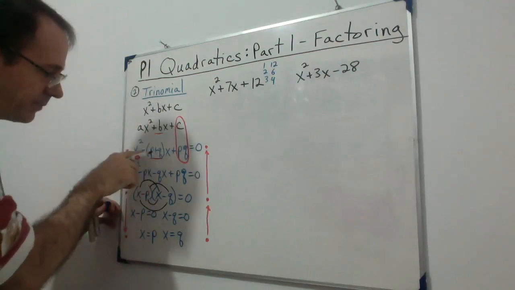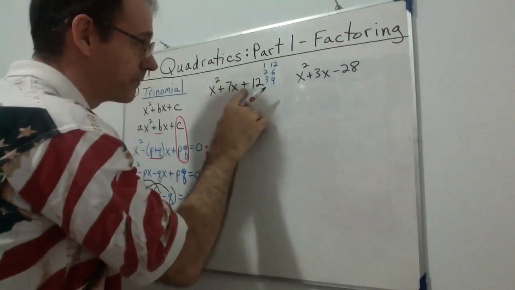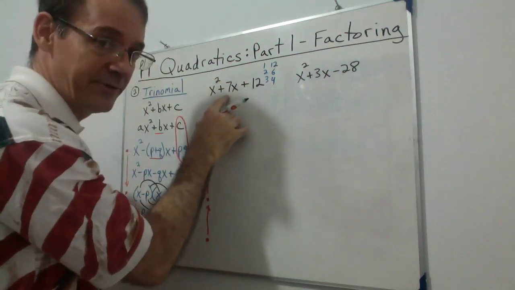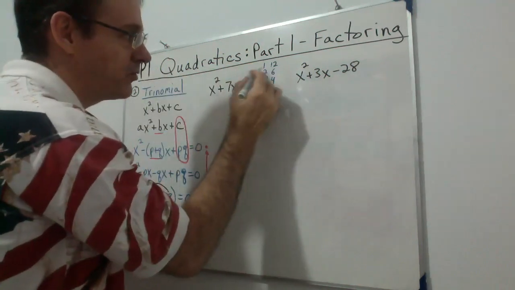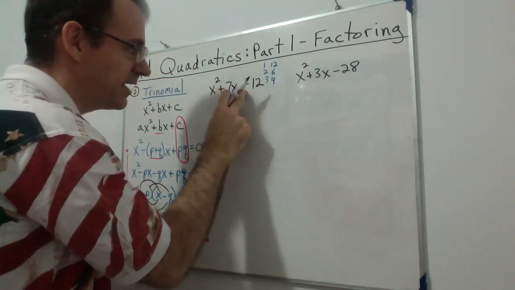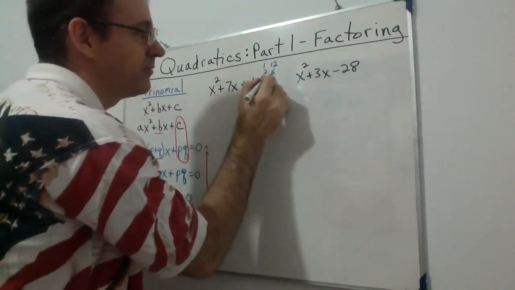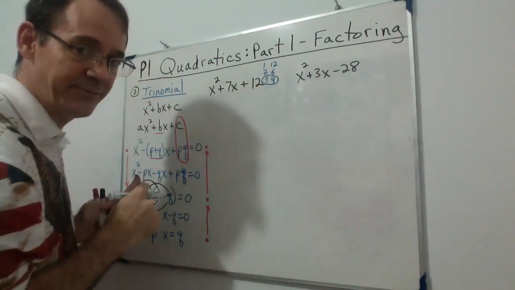Remember, we add, but we have to pay attention to the sign. So here we're going to add them to get a 7, okay? So when I look at 1 and 12, 2 and 6, 3 and 4, which pair adds together to give me a 7? Well, obviously it's the 3 and 4 that add together to give me 7.